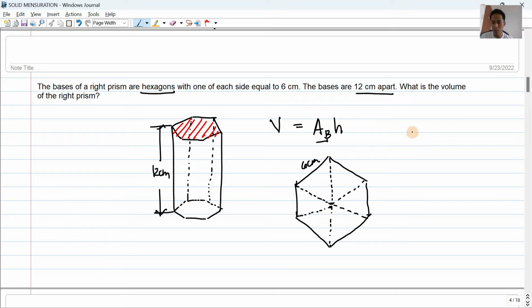Kasi yung area of a hexagon is just equal to, ilang triangles yan? We have here 1, 2, 3, 4, 5, 6. So, we have 6 triangles, diba? So, that's 6 times the area of the triangle. Okay, so basically, yung triangle lang yung kailangan natin i-compute, tapos times 6 na lang, we can actually get the area of the hexagon.